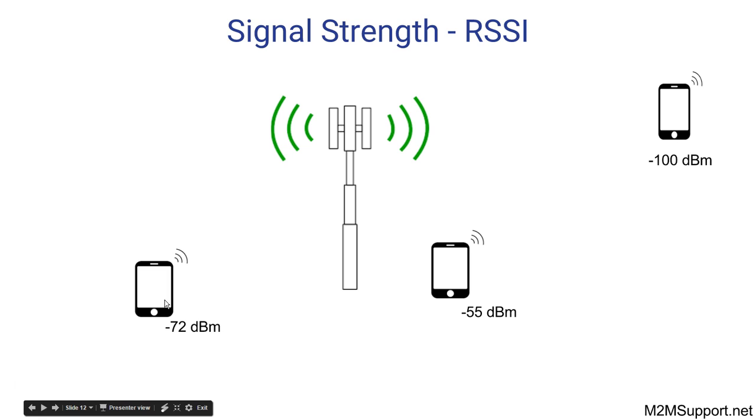If you are somewhat farther, you're going to receive a little less signal power, but this is still good. But if you're much farther, your received signal power in dBm is going to be very low. It's likely that under these conditions you drop calls or your data transfer is going to be very slow.